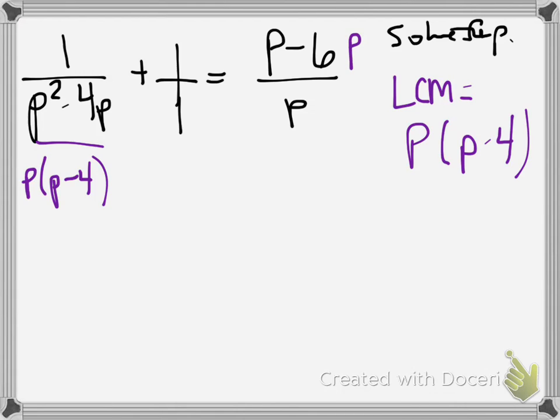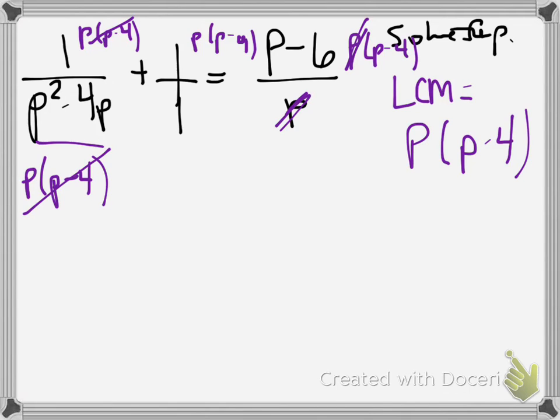So I'm going to take every fraction and I'm going to multiply it by p times p minus 4. What that enables me to do, it enables me to cancel basically all my denominators. And then I wouldn't cancel anything for that second fraction, but I would cancel out the p's.